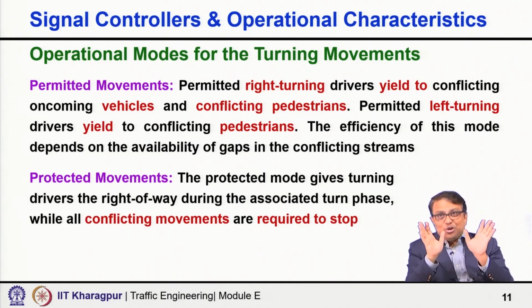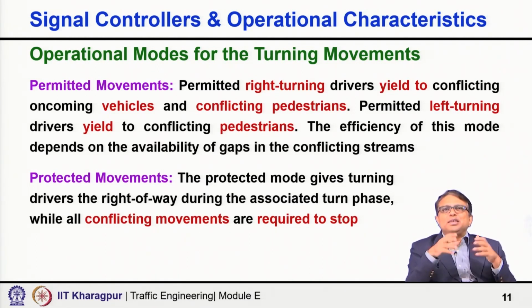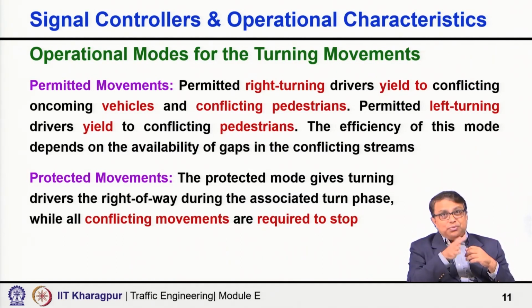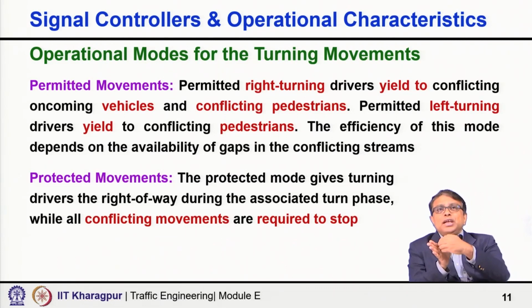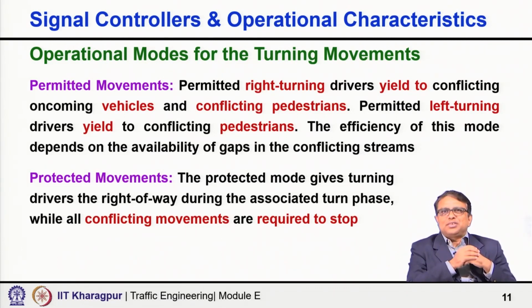In some cases this is allowed where it is considered safe, and the overall vehicle volume combination is such that it can give you efficiency without compromising safety. That is why right turning drivers yield to oncoming vehicles and also to conflicting pedestrians who are crossing.